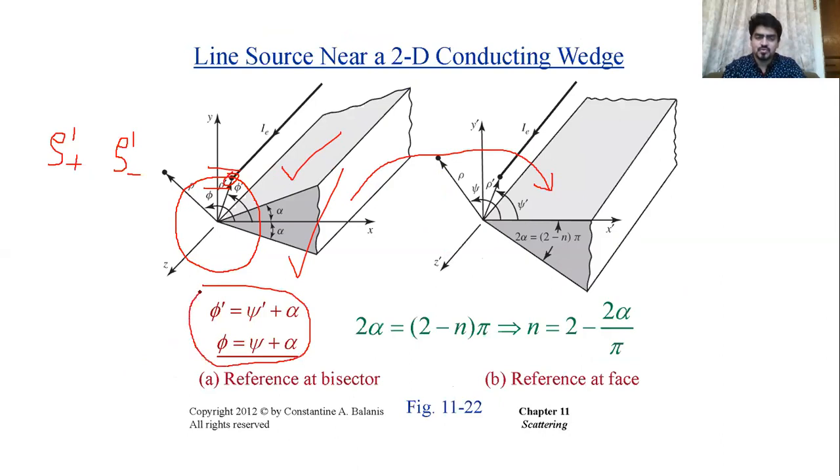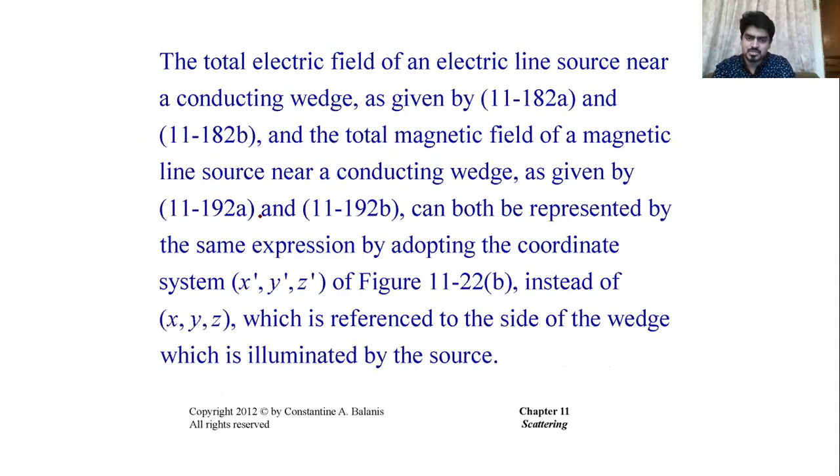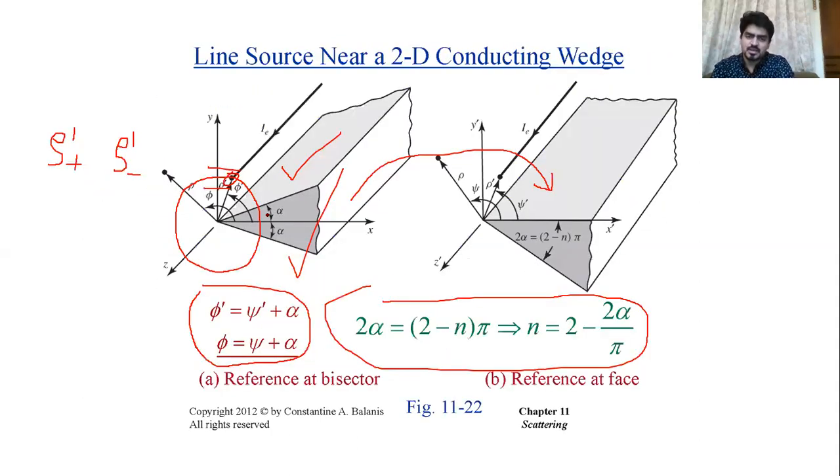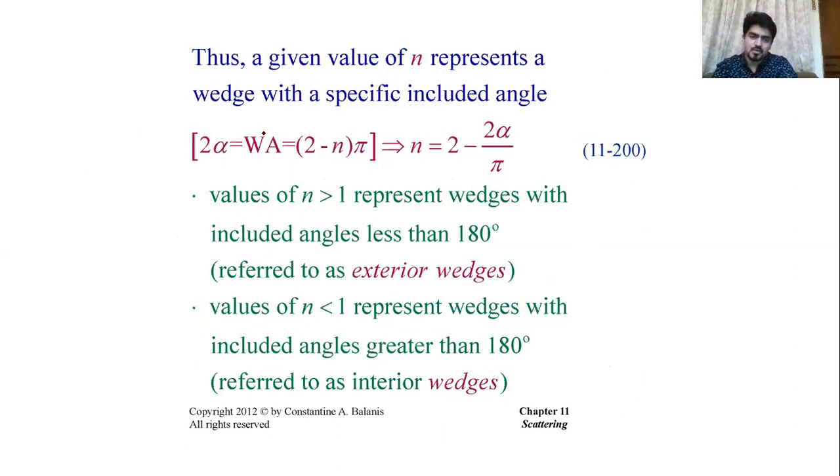When we use these transformations, your reference is now at the face x prime. Previously, that reference was at the bisector of the wedge. So when we do that, this will be your expression, and then from that you can get n. So n can be given by this.